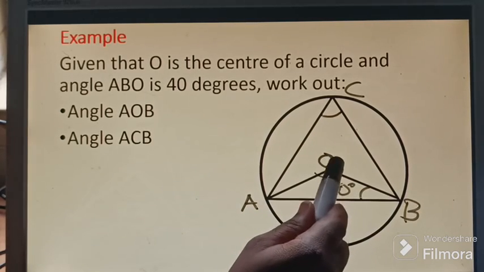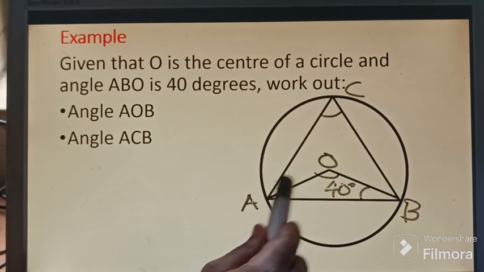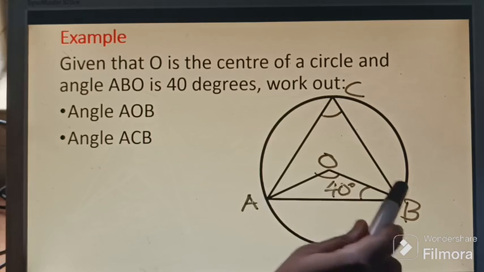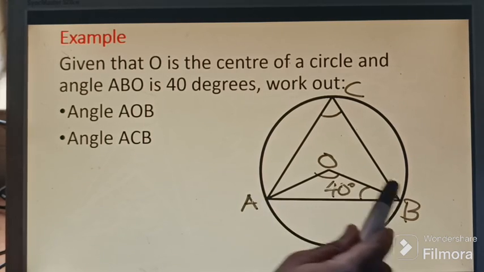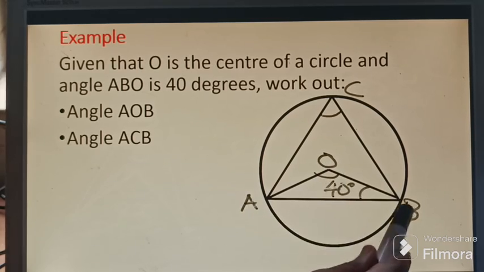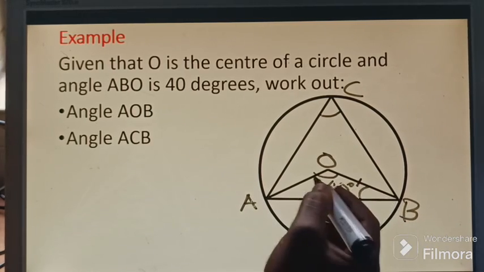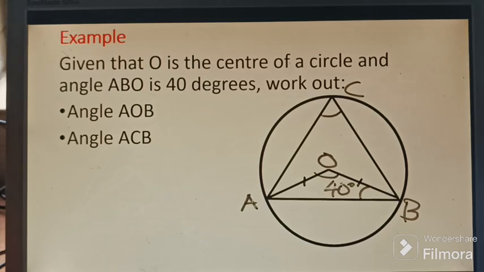What do we see? AOB is a triangle. What type of triangle? You can see this triangle is an isosceles triangle. Why?